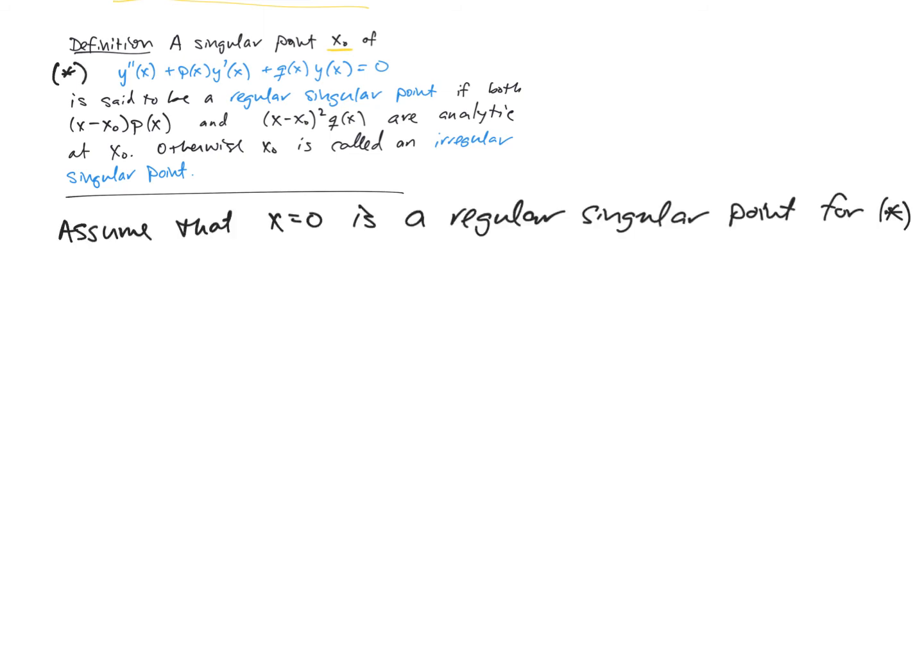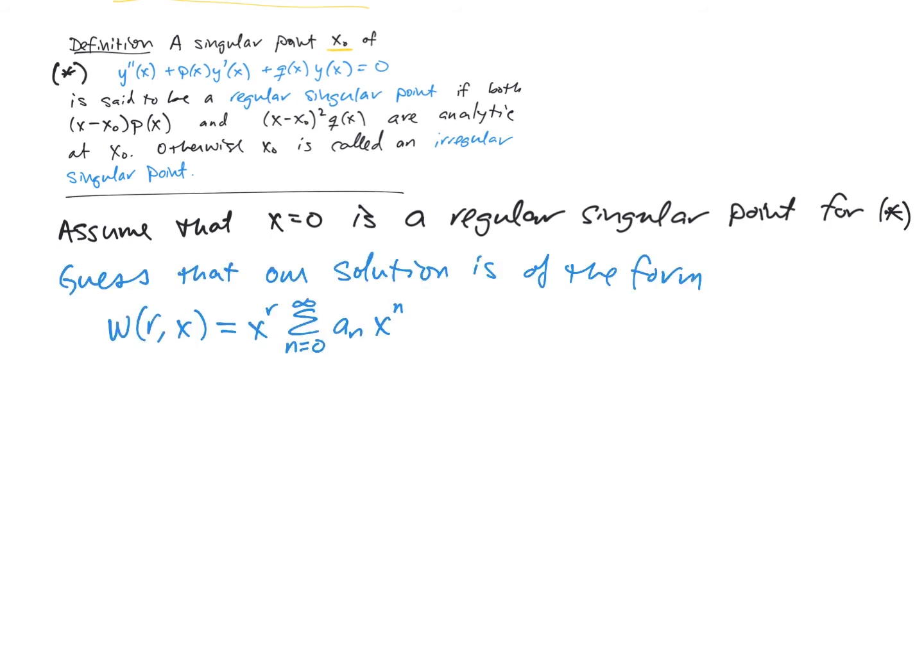So I'm going to assume that x naught is a regular singular point for our equation star. So I said before that our guess is that our solution is going to look like x to the r times an analytic function. So we can write that like this.